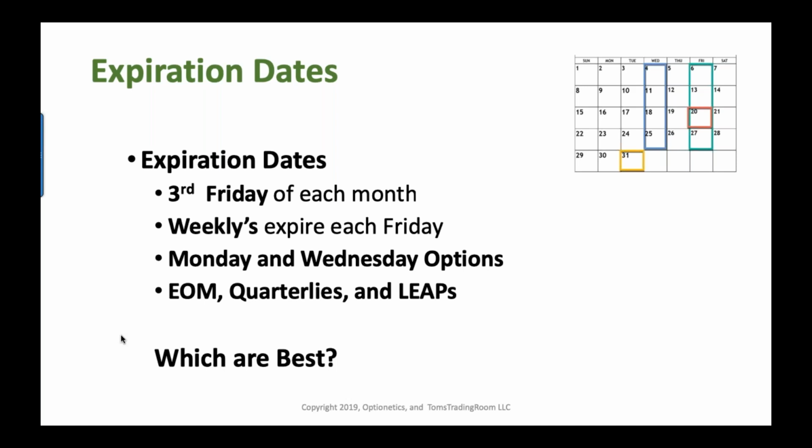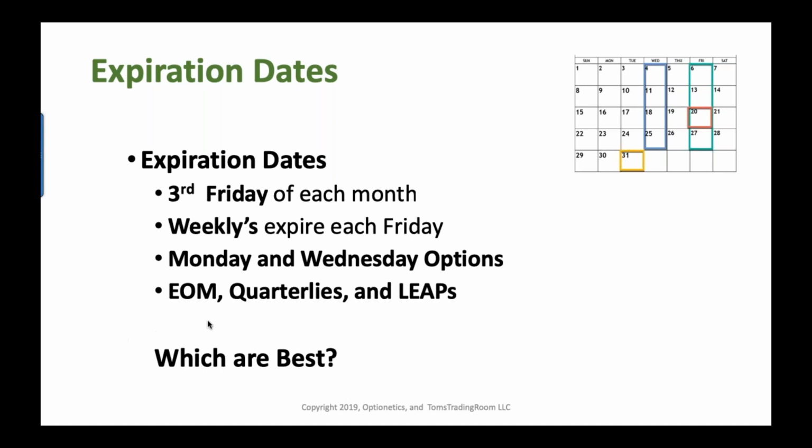More recently, we've started having Monday and Wednesday options. So there are some assets that have expirations on Monday, Wednesday, and Friday. It's crazy. And these are typically the larger ETFs, like SPY, DIA, the diamonds, the spiders, the Qs. They all have Monday, Wednesday, Friday options.